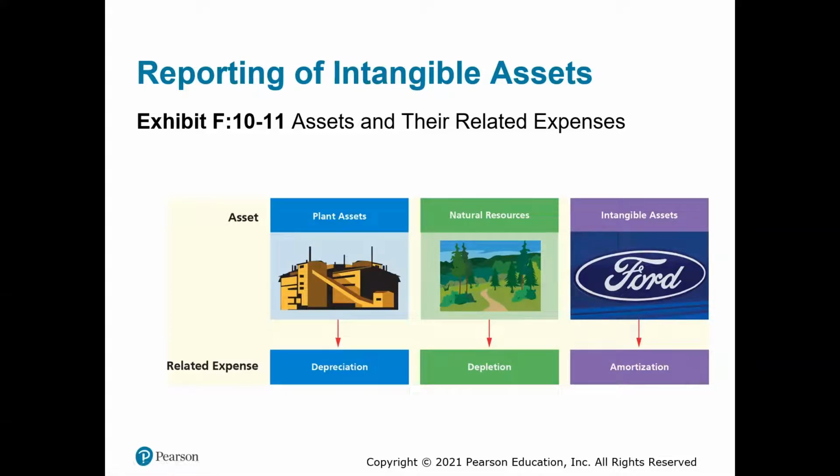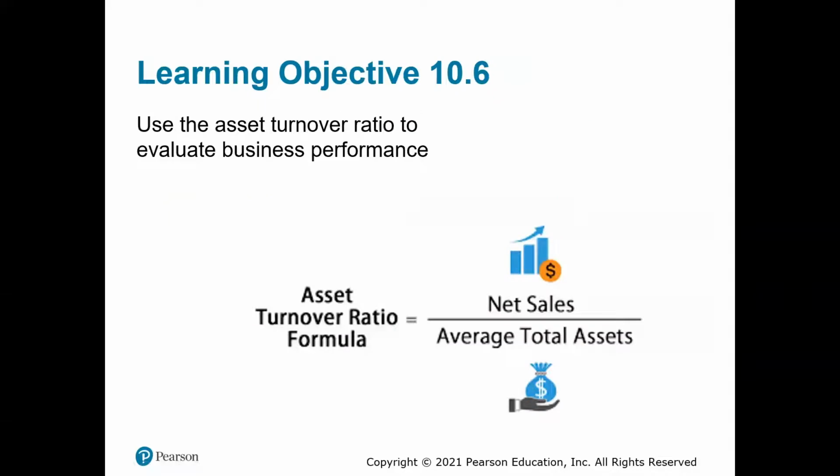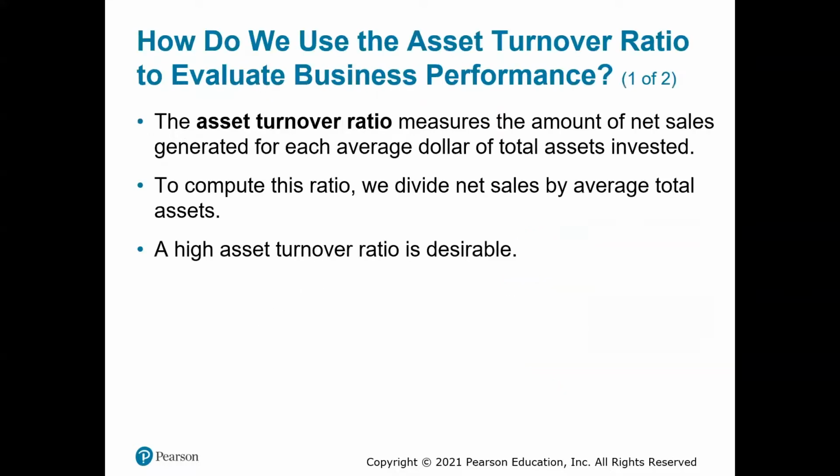And here we go into learning objective 10.6, which deals with the use of the asset turnover ratio to evaluate business performance. So how do we use the asset turnover ratio to evaluate business performance? The asset turnover ratio measures how efficiently a business uses its average total assets to generate sales.